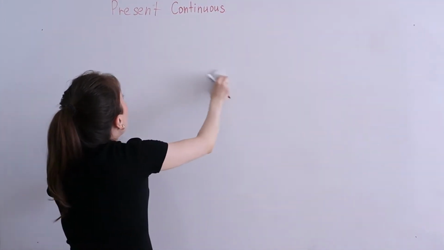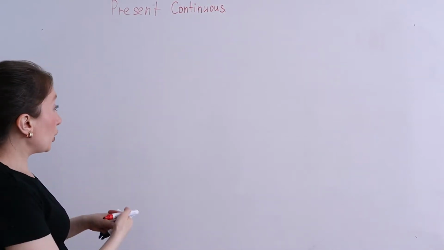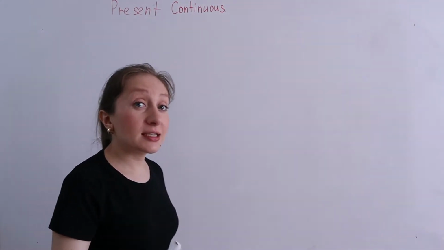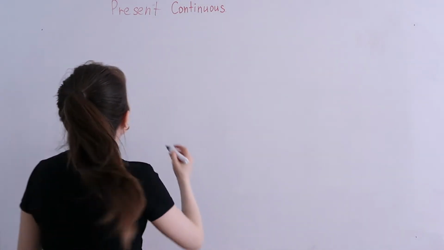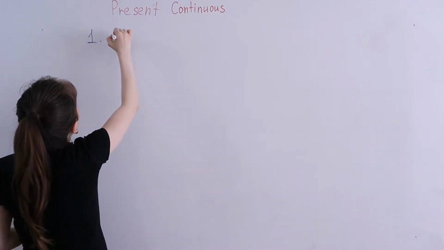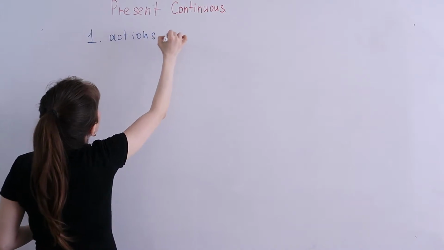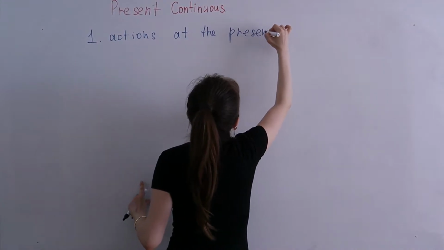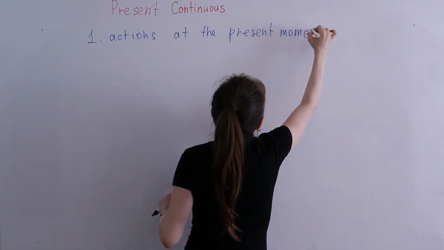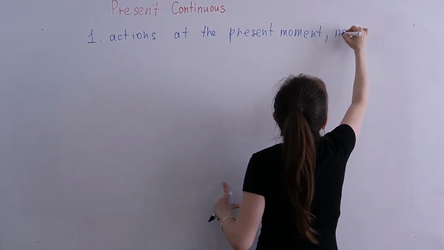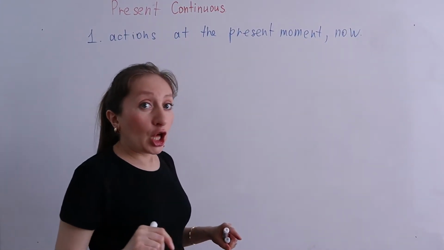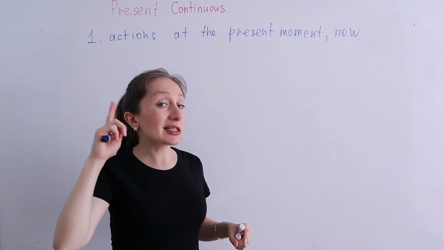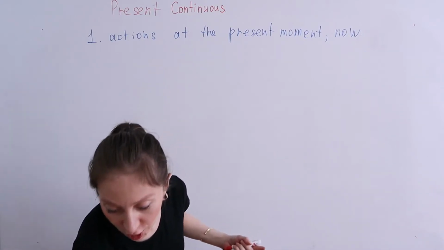Now, number 1 case is we use present continuous when we talk about actions at the present moment. So, number 1, in short, you can write actions at the present moment. Yeah, or you can say now. For example, you can say we are listening to the teacher, right?